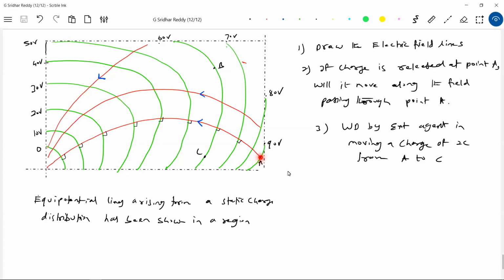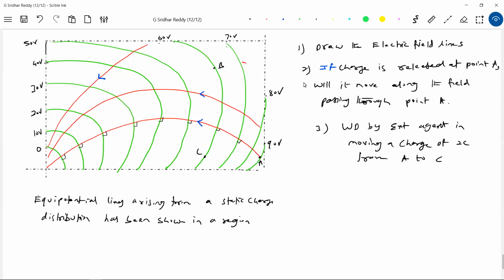If a test charge is released at point A, will it move along this red color line? Yes or no? Please think once and answer yes or no, because we are going to almost conclude this. Very important. If I release it, will it move along this direction?